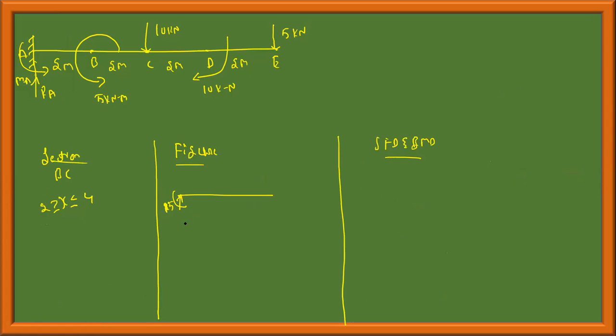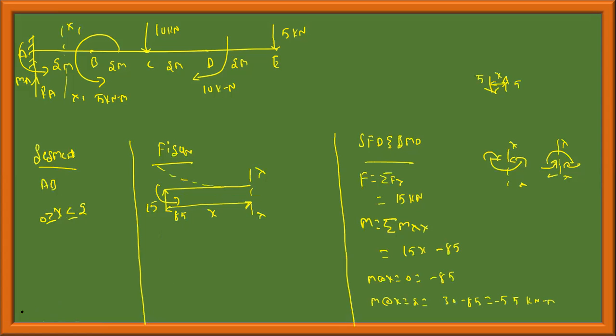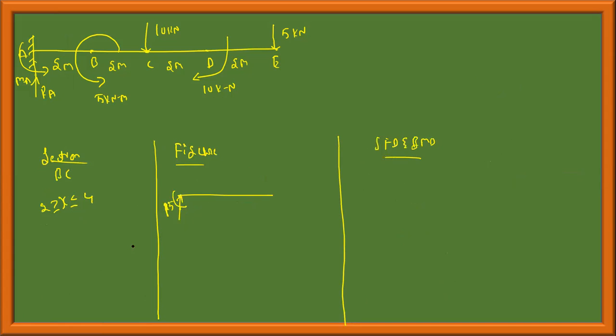Okay, and this is 15, and then this is 85 in this direction, and there is a moment at point B, which is 5 kilonewton meter, and this is my section, which is at a distance x.